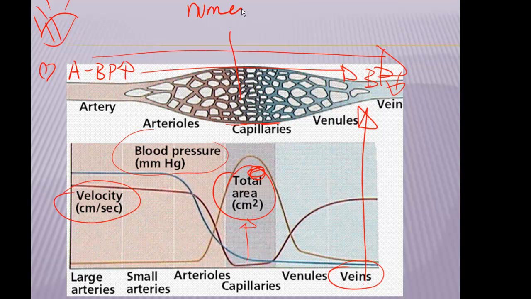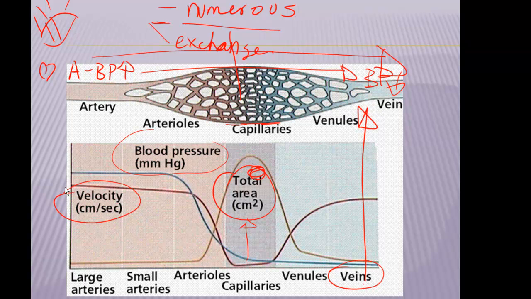Why do they win this prize? Because they are the most numerous, right? They are found everywhere. That's the reason why they have the most area. Why is this important? To allow for exchange of nutrients and wastes. As we move into the veins and the arteries, they're about the same, similar cross-sectional area.